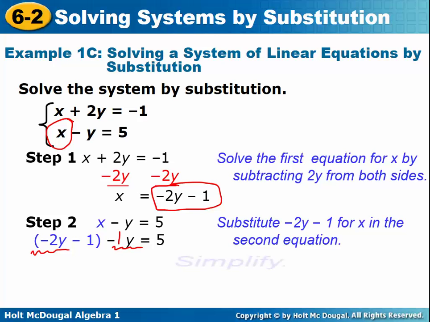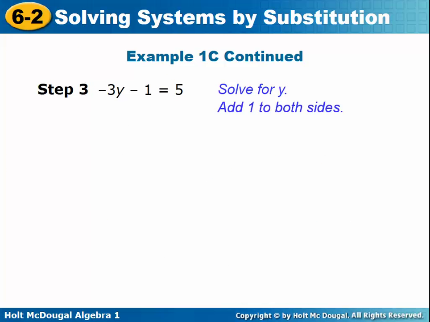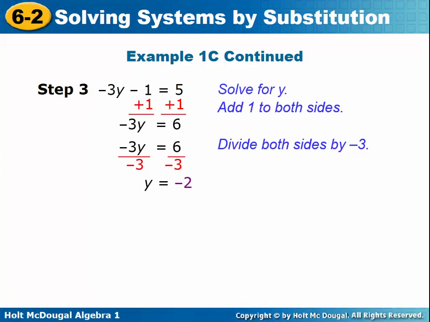So we would simplify this to negative 3y minus 1 equals 5. Now step 3 is to solve that and find what y is equal to. So we would add 1 to both sides and get negative 3y equals 6, and then divide both sides by negative 3, and we will get y equals negative 2.